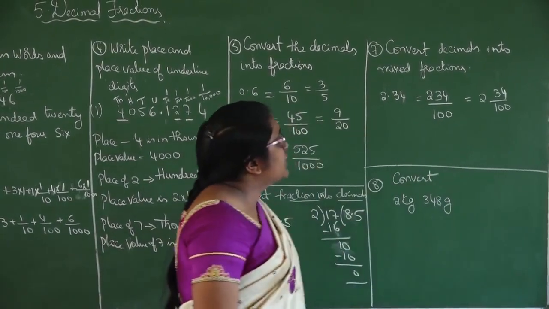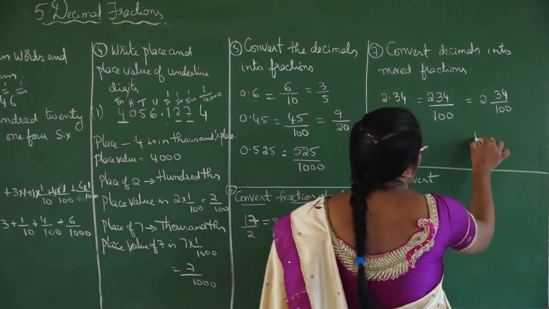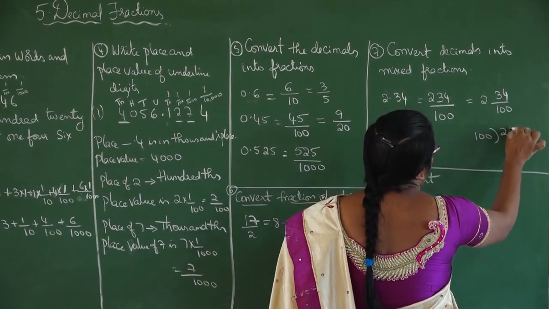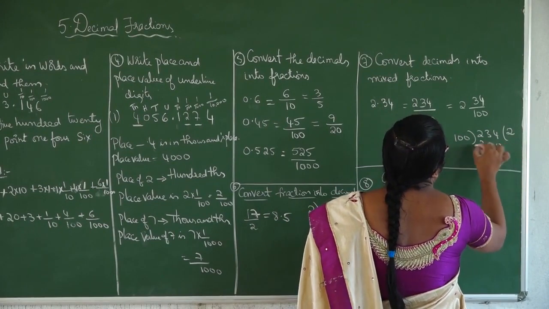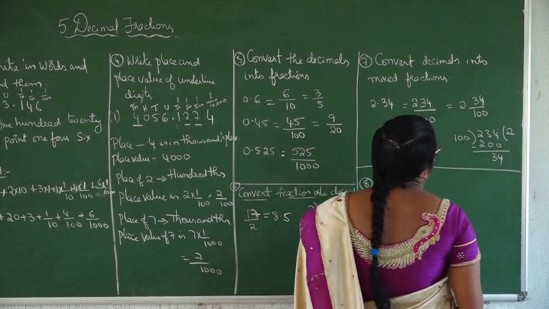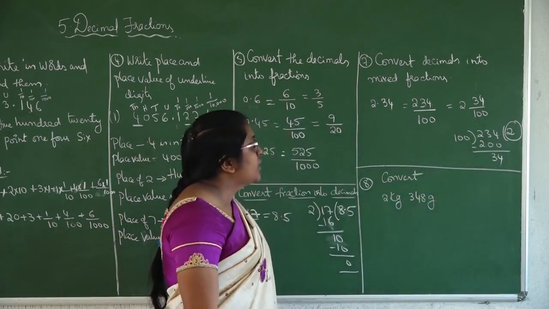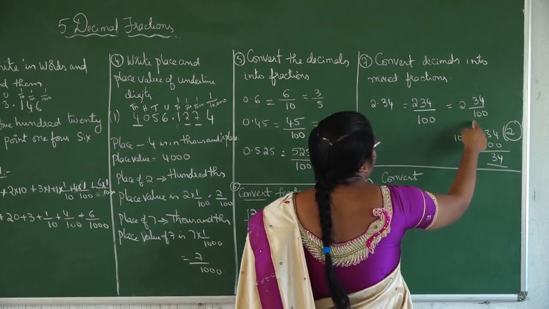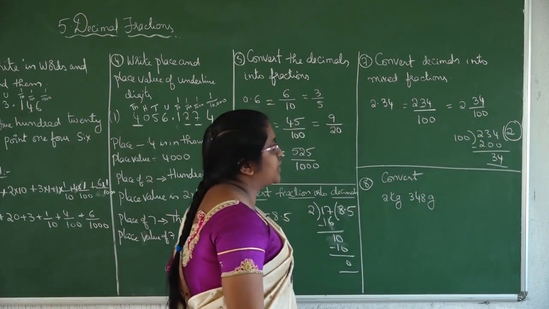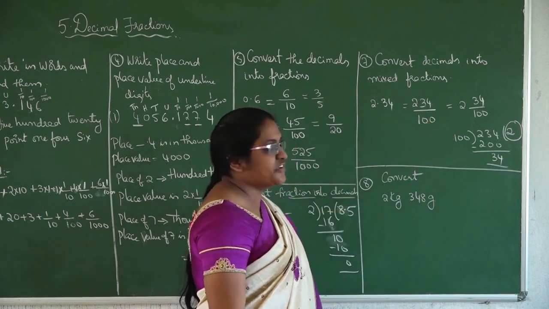This is the decimal converting into the mixed fraction. Simple, you can do it with division. 234, that is 2 times 100 is 200 and what is left? 34. I already told you that the quotient is always the whole number part, the remainder should be in the numerator and the divisor should be in the denominator. So the decimal is converted into the mixed fraction.